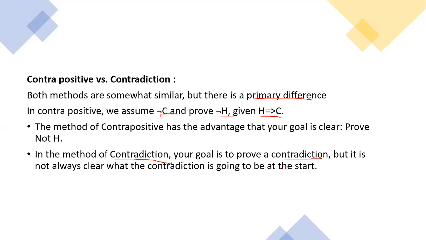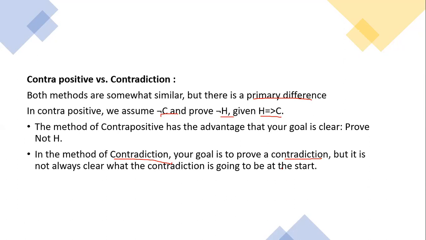But in the case of contradiction, we are not touching the H, I mean the hypothesis. We are changing only the conclusion. So it leads to falsehood, right? If we reach a falsehood, then definitely the original is true. Otherwise, you are taking the assumption in the opposite way, but we are not touching the H, changing only the C, that means the conclusion only.